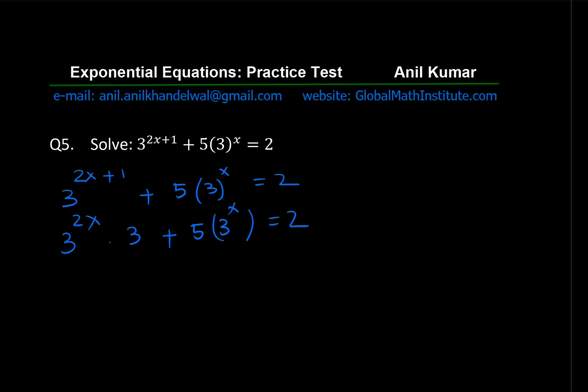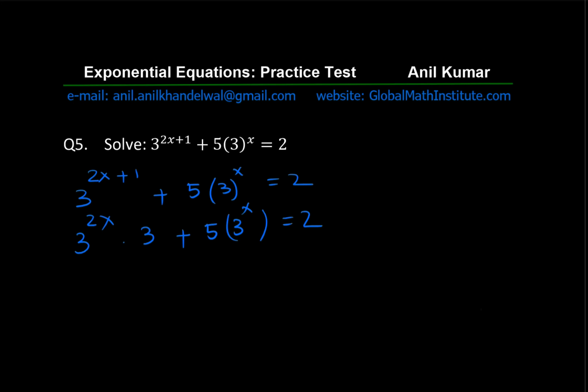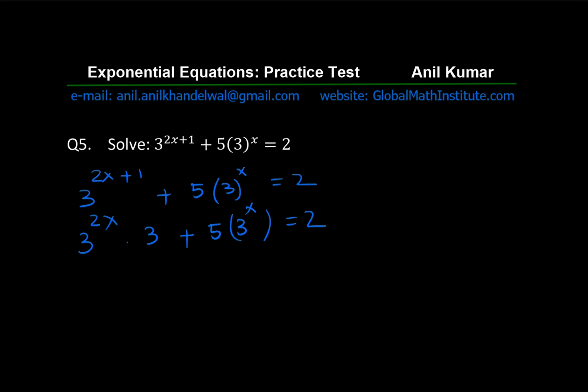Now that is a quadratic equation, right? So identify the quadratic equation. This time I will do the substitution. So we'll substitute 3 to the power of x as, let's say, t, and then we'll rewrite and solve.